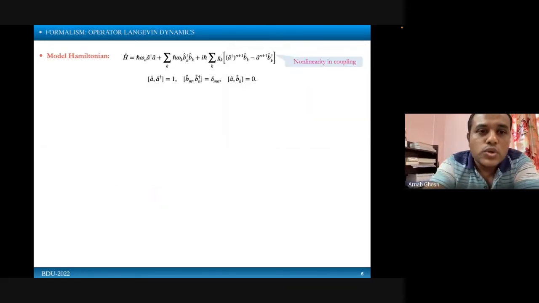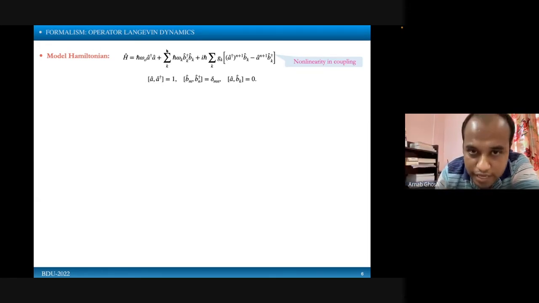Okay, so now this is the model Hamiltonian, a system-reservoir Hamiltonian. The first part is the free system Hamiltonian, which, as I mentioned, is modeled as a free harmonic oscillator. The second part is the infinite degrees of freedom, which again are modeled as harmonic oscillators.